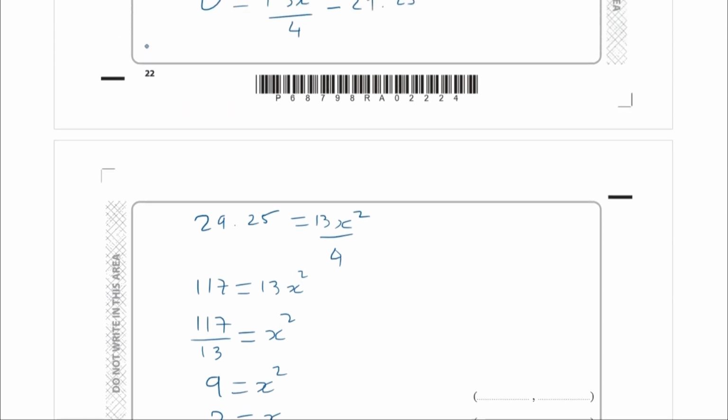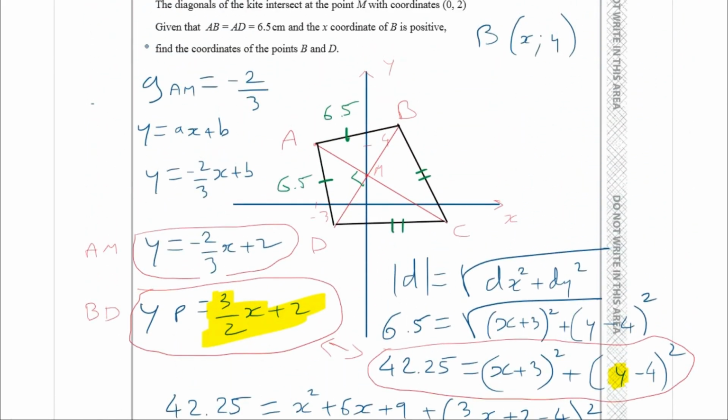So we have the coordinates. Now the rest should be a piece of cake because we've done the hard work. So the x coordinate of B is 3 here. And if you were to find the y coordinate of B, well, you could use the line BD. So we can say that since x is 3, we use y equals 3 over 2x plus 2. Now I would recommend that you use rough paper, but we're going to do these calculations here on the side because we don't have rough paper to work with.